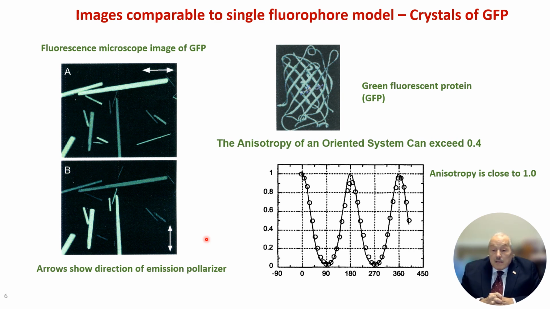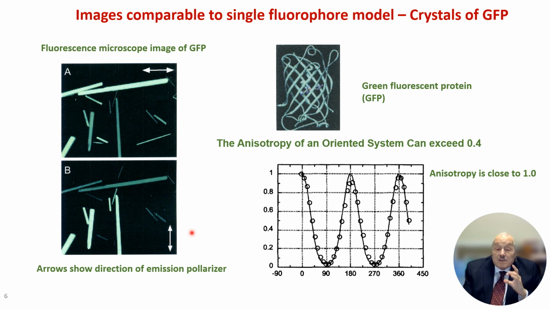But it was done easily using crystals of green fluorescent protein. We've spoken about it before, and here we have a fluorescence microscope image of crystals of green fluorescent protein, where the arrows indicate the direction of the emission polarizer.